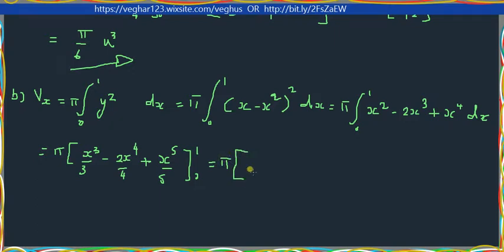When you substitute by 1 here, you'll have 1 over 3 minus, the 2 will cancel the 4, you'll have 1 over 2, and then substituting 1 here, you'll have 1 over 5. And the other side, you'll substitute by 0 here, and everything becomes 0 on that side.